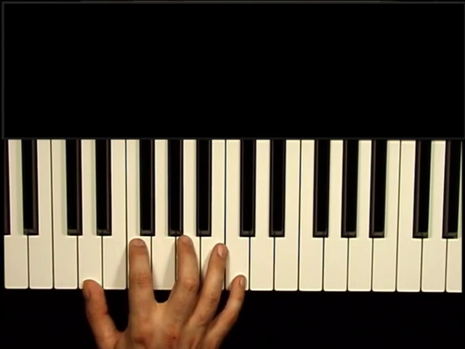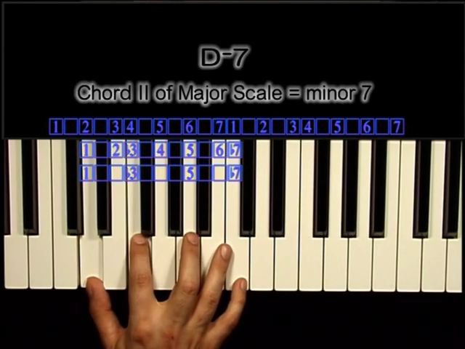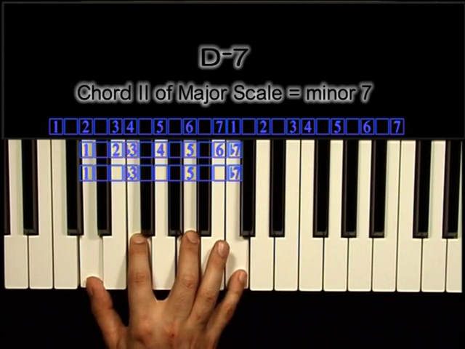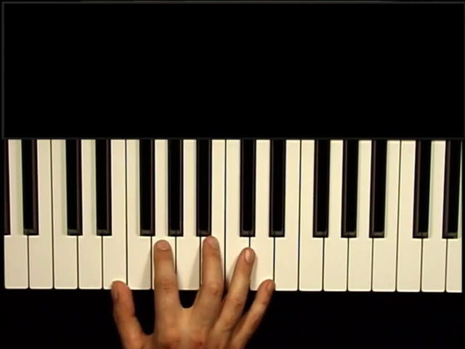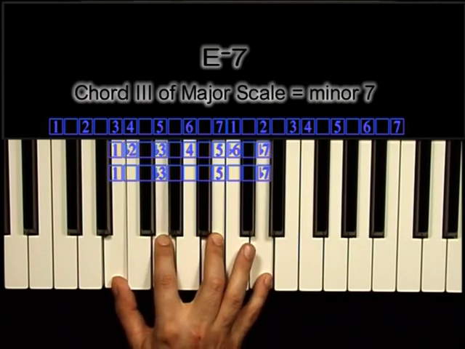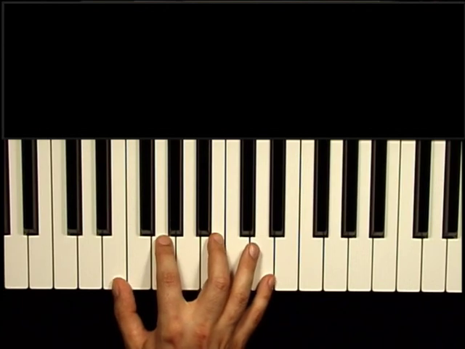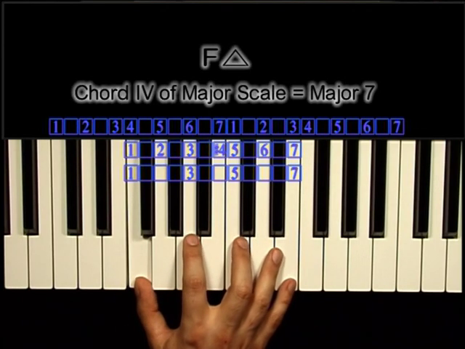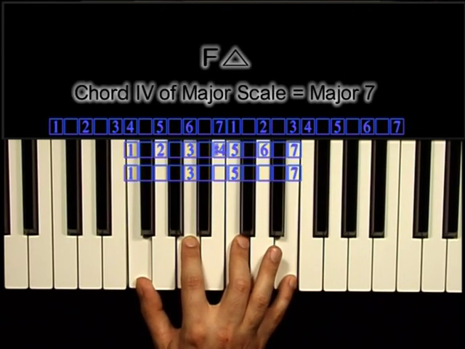Let's shift and go to the Dorian mode and extract a chord from that. We now get 1, flat 3, 5, flat 7. From the Phrygian mode, we get 1, flat 3, 5, flat 7. From the Lydian, we get 1, 3, 5, 7.